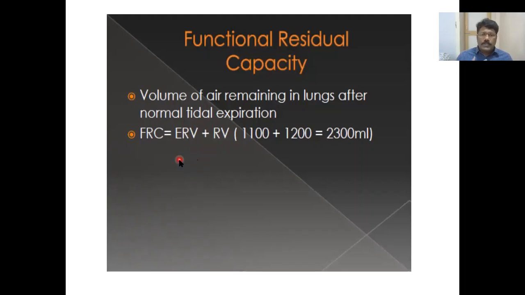You see, I have sent out some amount of air during a normal breath, which refers to tidal volume. After that, there can still be some amount of air left in the lungs, and that is the ERV. That means this amount of air can be sent out through forcible expiration. And also some amount of air will be there even after ERV, which refers to residual volume.